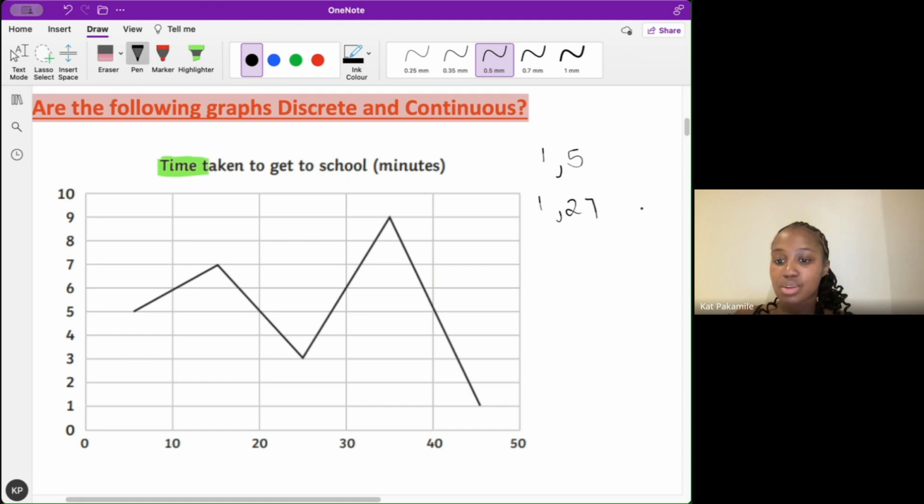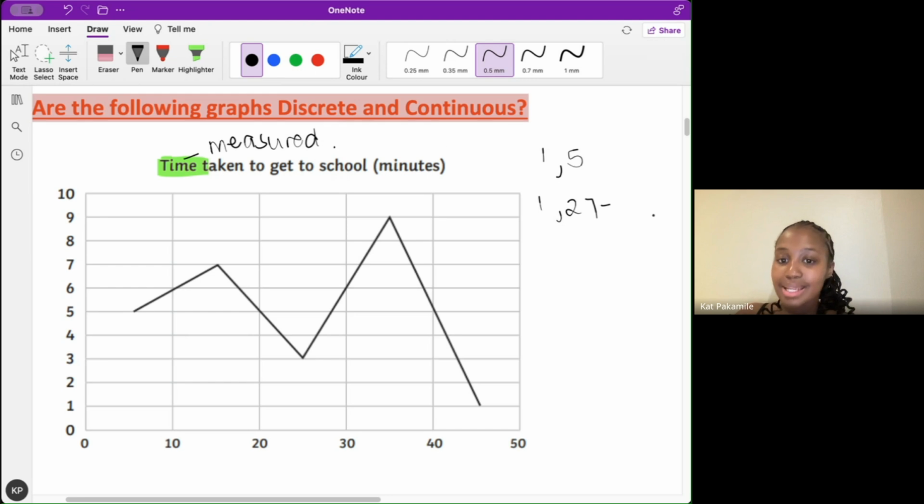Which one do you think is going to win between these two guys if we are swimming in a race? The 1,27, because they took the least time. Okay, they took the least time. So that means that time is in fact a measured data, guys.